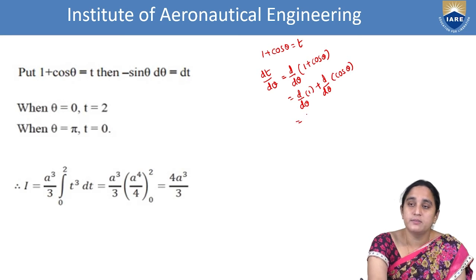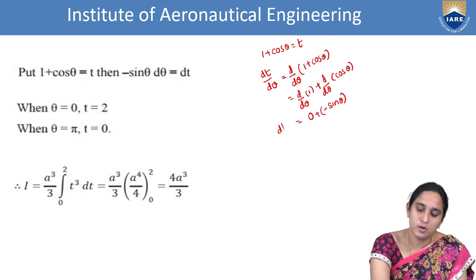The differentiation of 1 with respect to theta is 0, plus the differentiation of cos theta is minus sin theta.